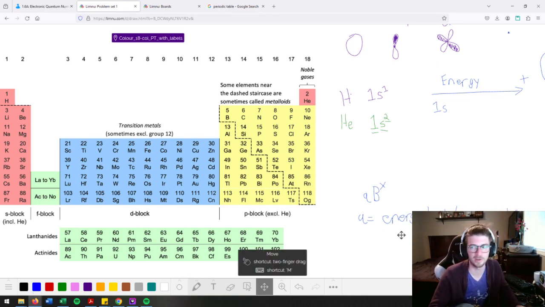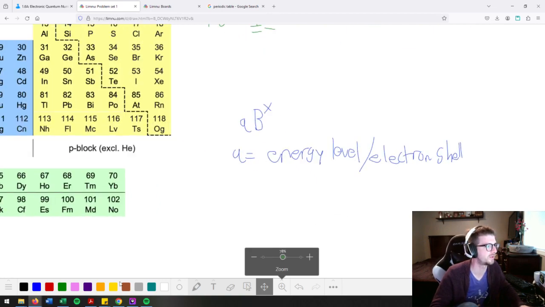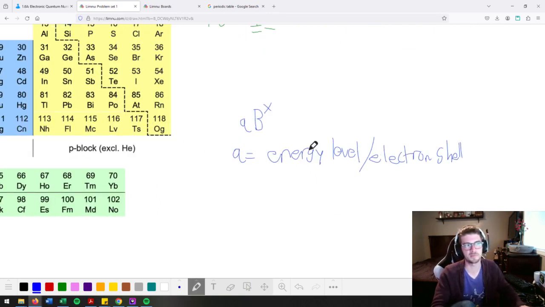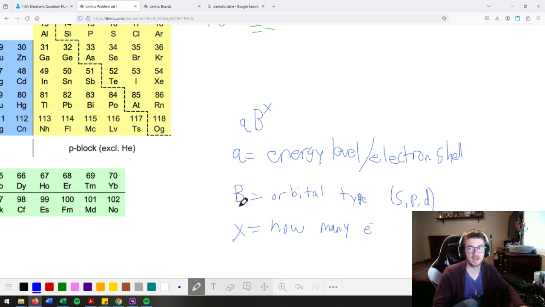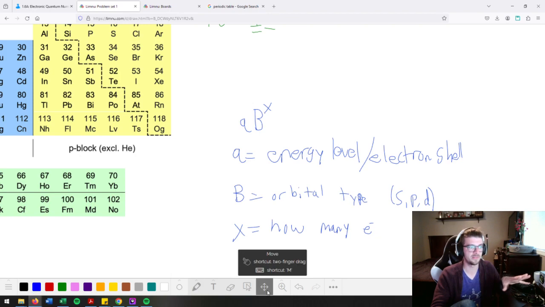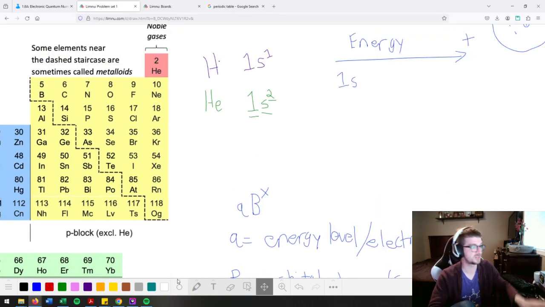I am writing behind my head, so let's go here so you can see that. A is talking about the energy level. B is talking about the orbital type, the s, the p, the d, etc. And then the X is how many electrons are in that particular orbital. Okay, so that's the notation that we'll use for describing these energy levels.